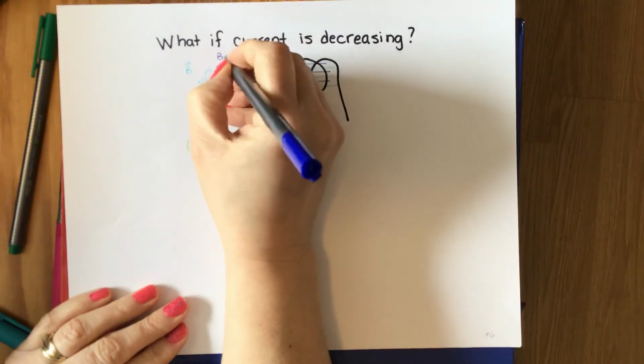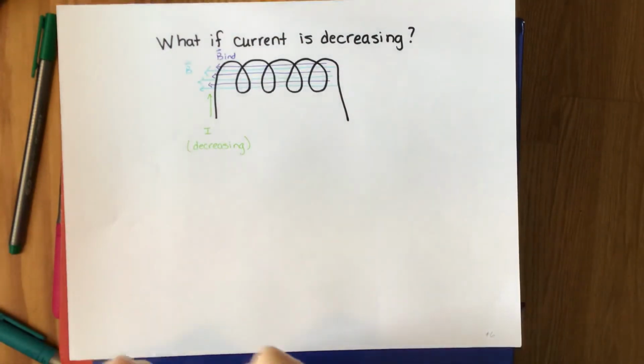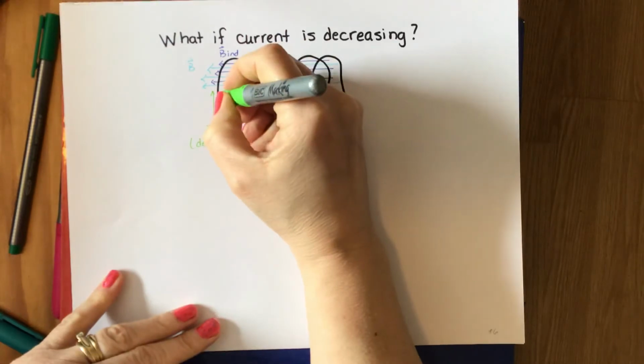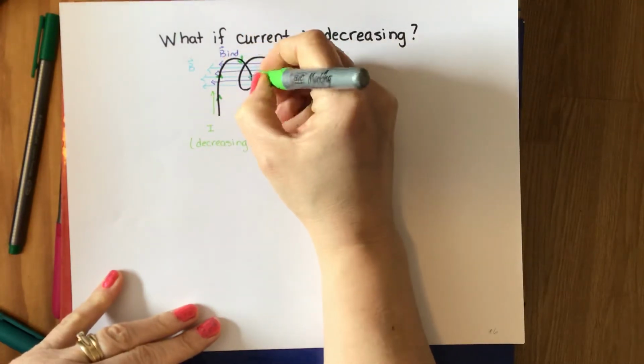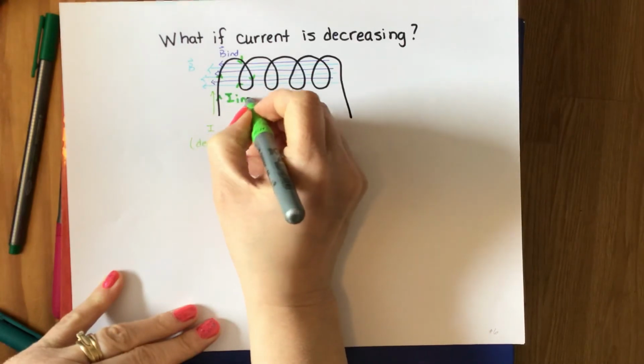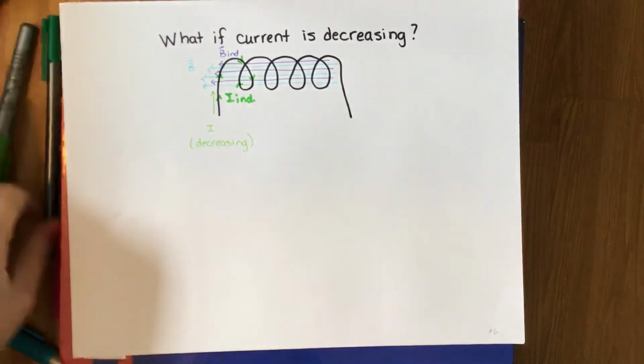So there's our B induced. If our B induced is in this direction, then our induced current would have to be in the same direction, matching our existing current. There's our induced current.